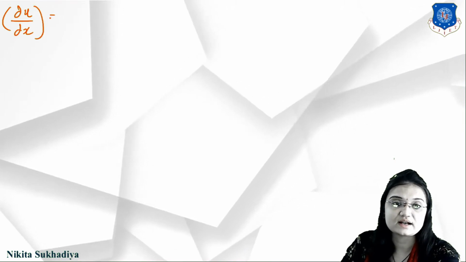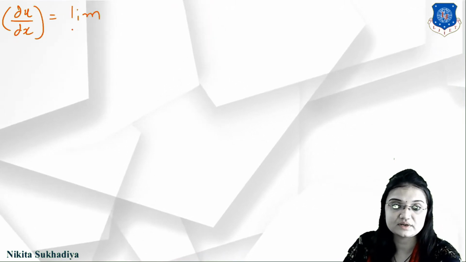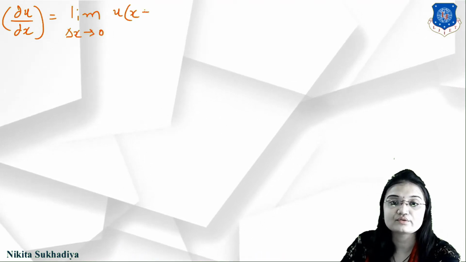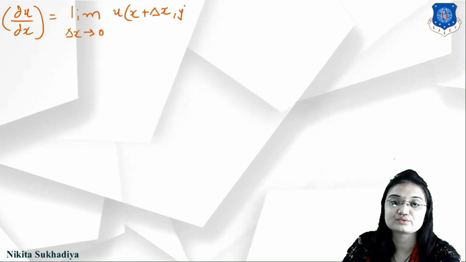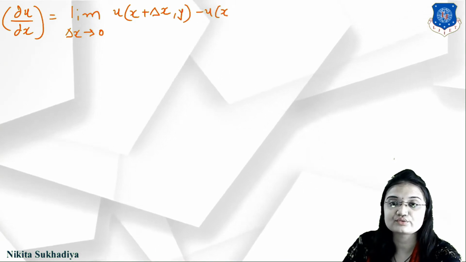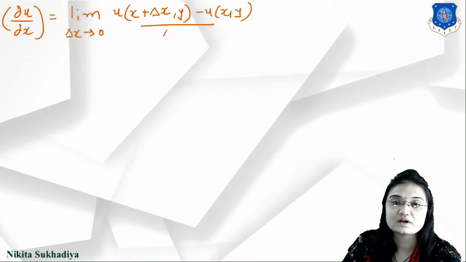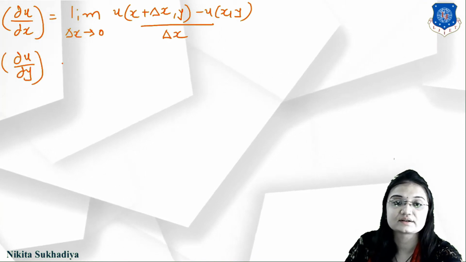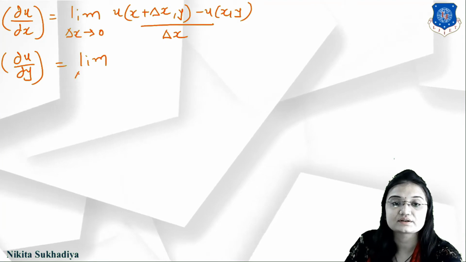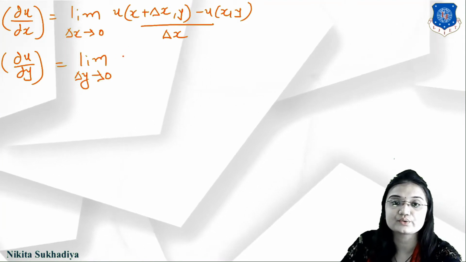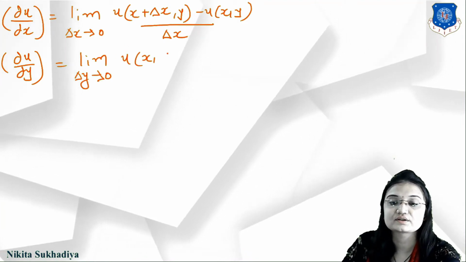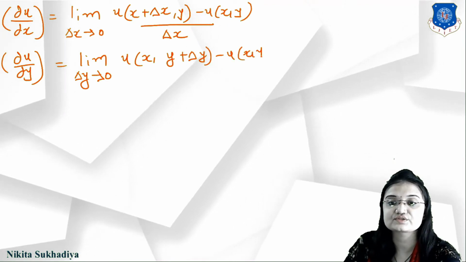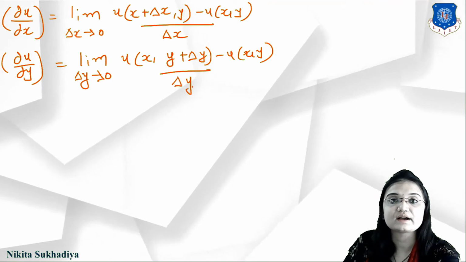Del u by del x is equal to limit delta x tends to 0 of u of x plus delta x, y minus u of x y, upon delta x. Then del u by del y is equal to limit delta y tends to 0 of u of x, y plus delta y minus u of x y, upon delta y.